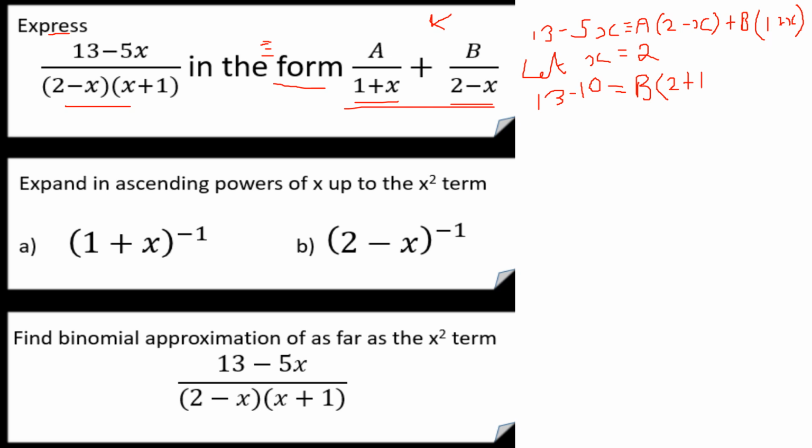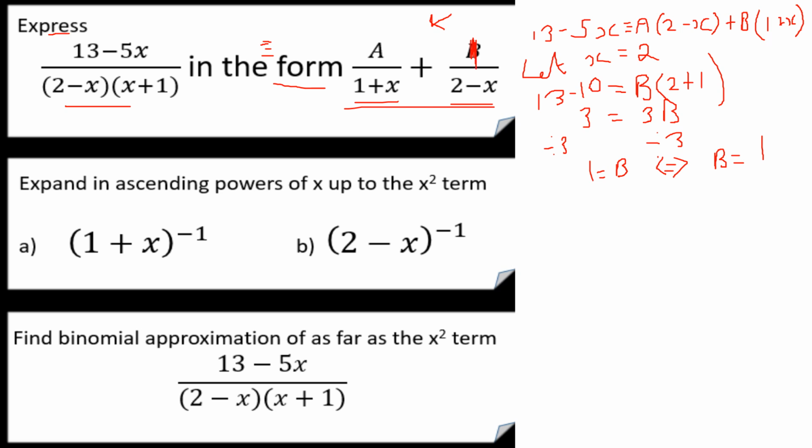So 3 is equal to 3b. Dividing both sides by 3, we get that 1 is equal to b, or b is equal to 1.